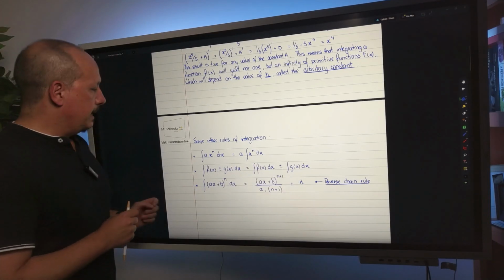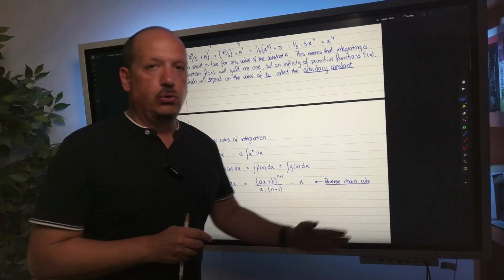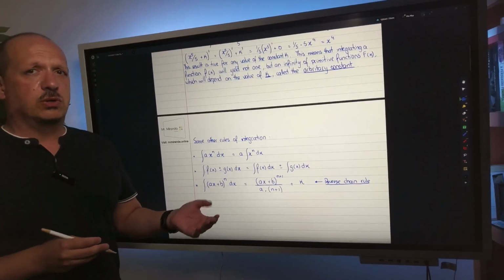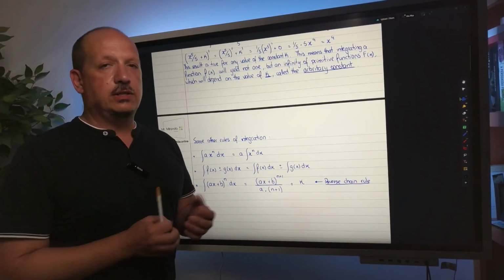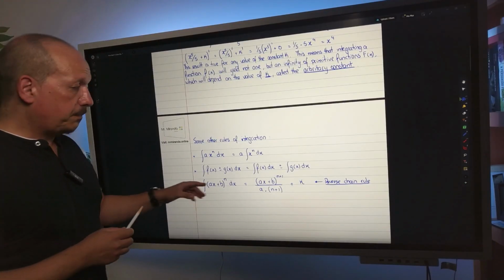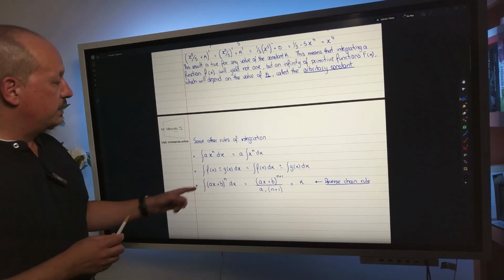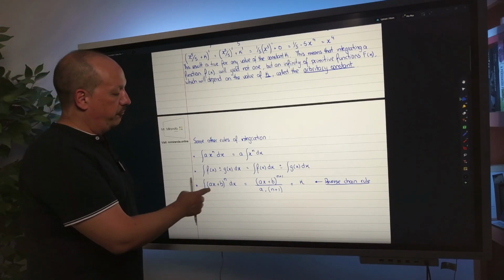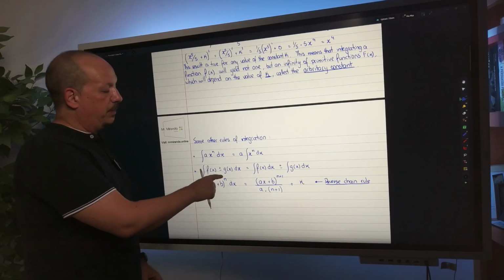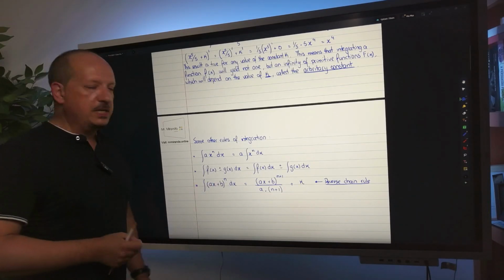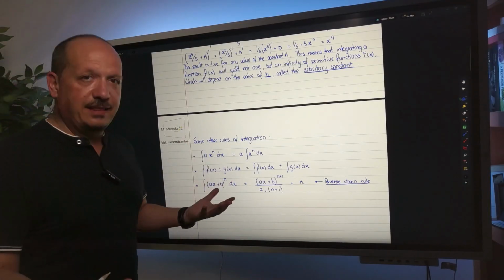Okay. And then you have the reverse chain rule. Remember the chain rule? It was one of the last things we talked about in differentiation. Well, you have the reverse chain rule. So if you have a function in the form (ax plus b) to the power of n, in which a and b are constants, and n can be anything, all right?